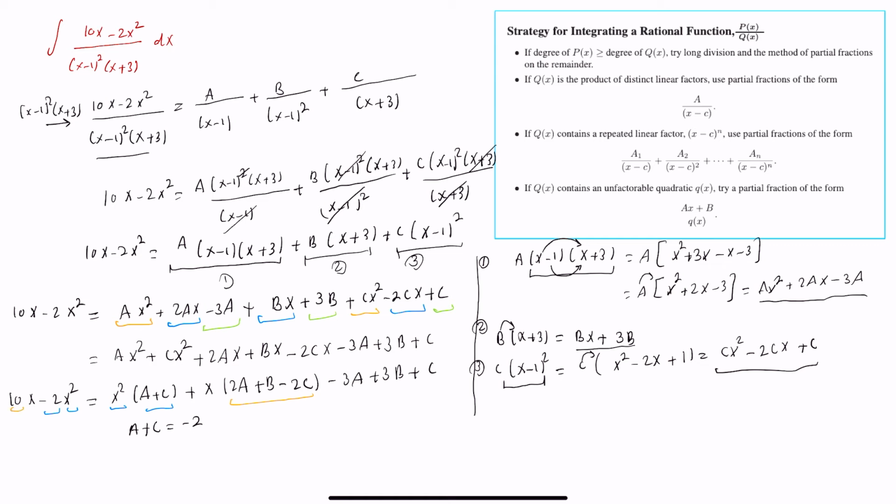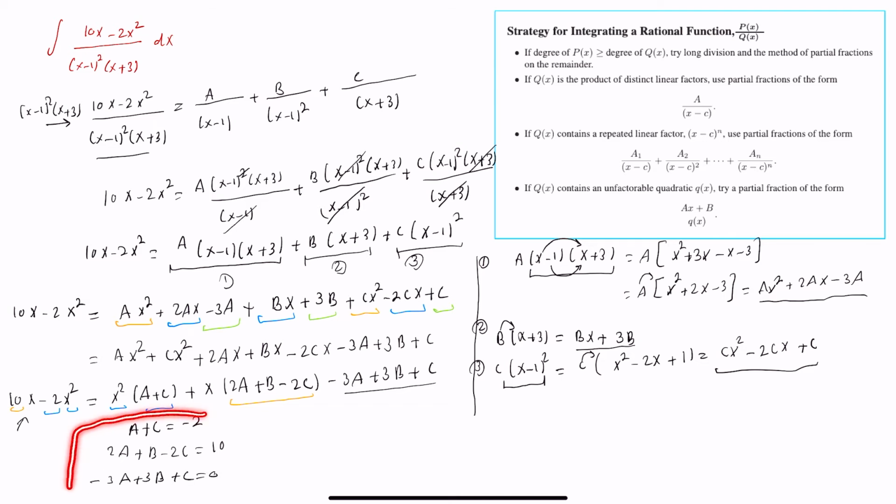So we have 2a plus b minus 2c equal to 10. And lastly, we equate the constants. Notice that there is no constant on the left side. Therefore, the coefficient on the right side is going to be equal to 0. So we have minus 3a plus 3b plus c equal to 0.